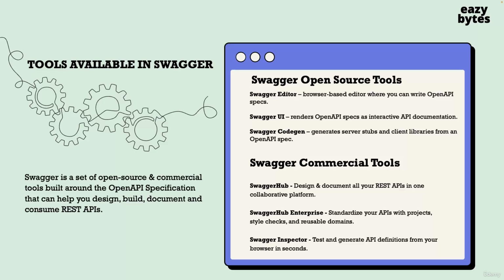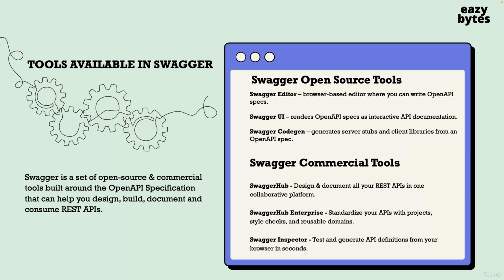During this testing process, Swagger Inspector will analyze all your request and response formats, and based upon that analysis, it will give you the OpenAPI specification for your REST APIs within seconds. After reviewing and updating, you can share the same documentation with your consumers or anyone who is interested in understanding your APIs. So that's the beauty of Swagger Inspector.